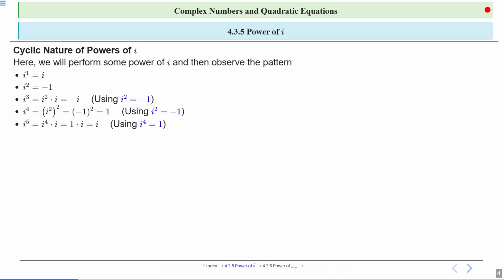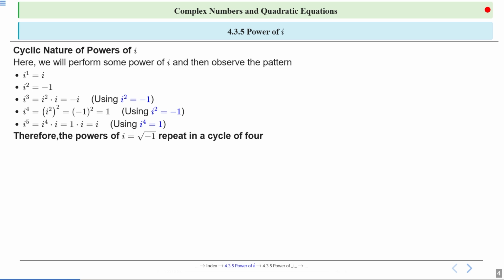Iota to the power 5 can be written as iota to the power 4 times iota. Since iota to the power 4 is 1, 1 times iota is iota. So iota to the power 5 is equal to iota. So after 4 steps, the pattern repeats and we are back to iota. This confirms that the powers of iota cycle every 4 steps.